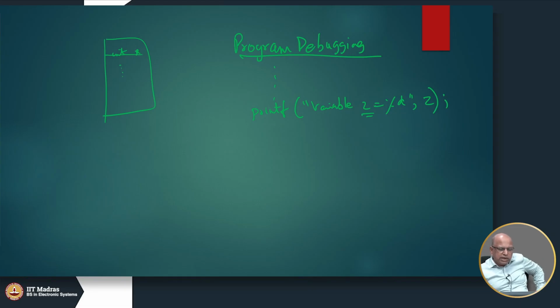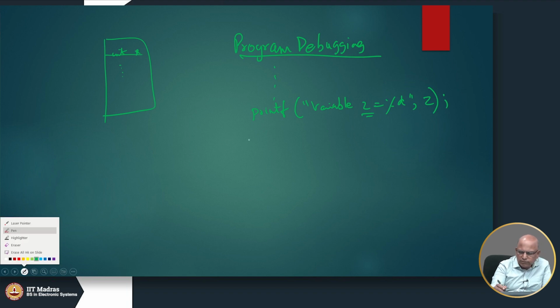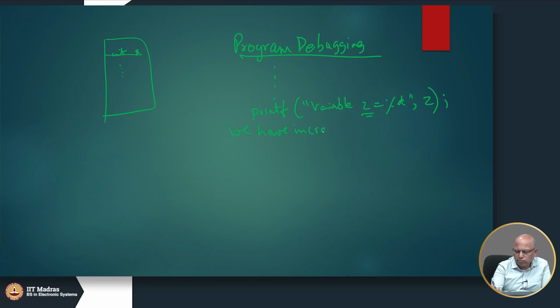If you expected it to become equal to some value and you find that it is not happening, then you know that the bug is in that z. So, this is how you are improving the observability. So, we have increased the observability for z.